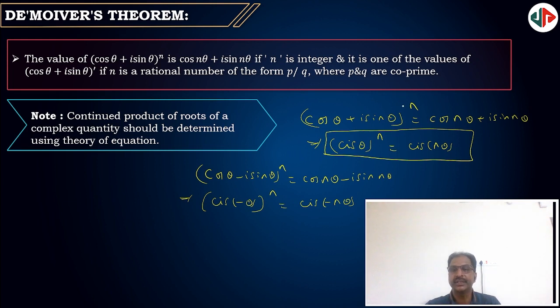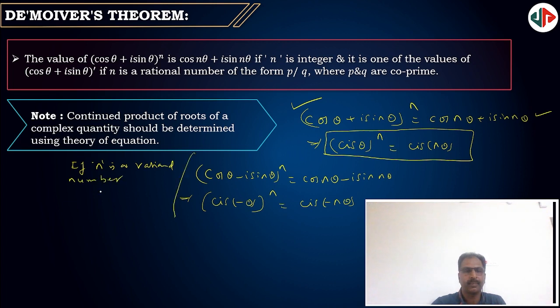So if n is an integer, cos theta plus i sin theta whole power n will have only one value, cos n theta plus i sin n theta. But if n is a rational number, then cos n theta plus i sin n theta is one of the values of cos theta plus i sin theta whole power n.